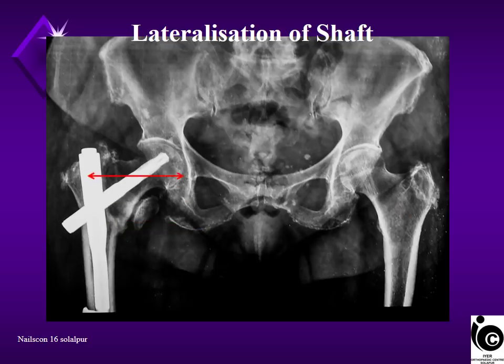Again, similarly, the same problem. Lateralization of the shaft has happened. Schematic representation showing that the trochanter is far away from the blue line.